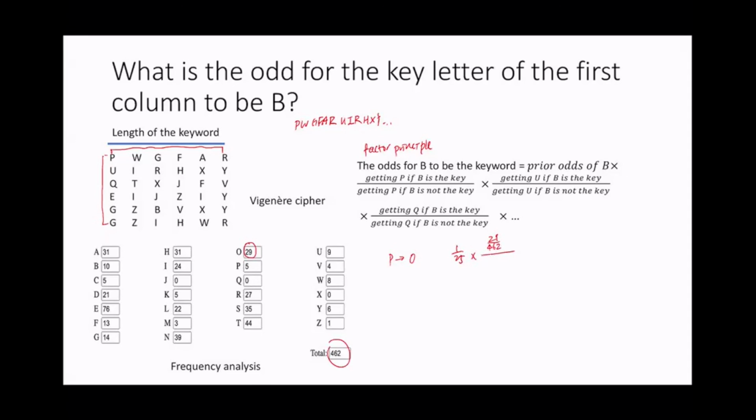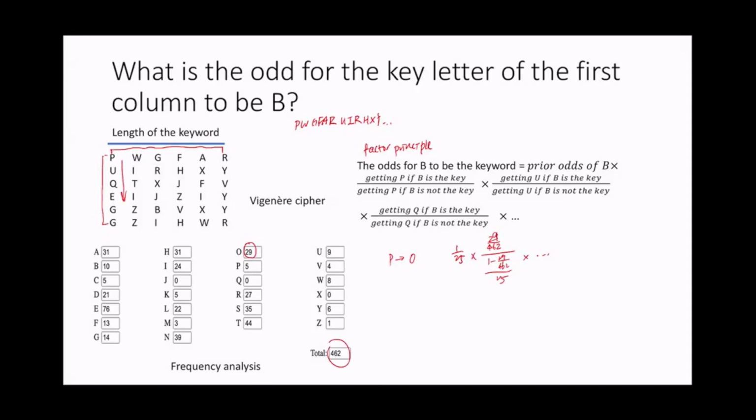And then getting P if B is not the key means that we have 25 equal possibilities, which means that we need to divide 1 minus 462 by 25. And we multiply things so on and so forth, going down from this column.